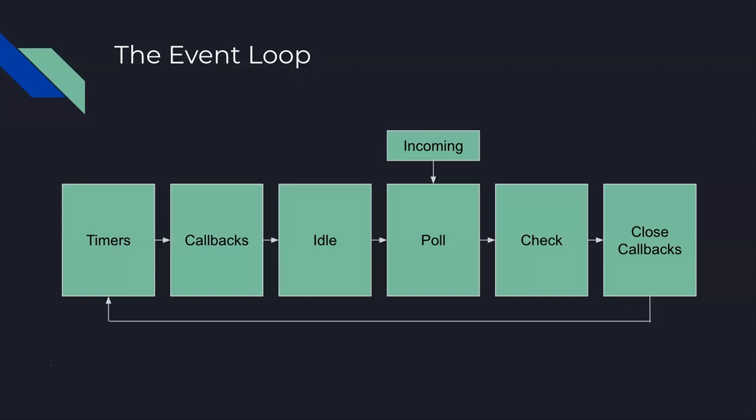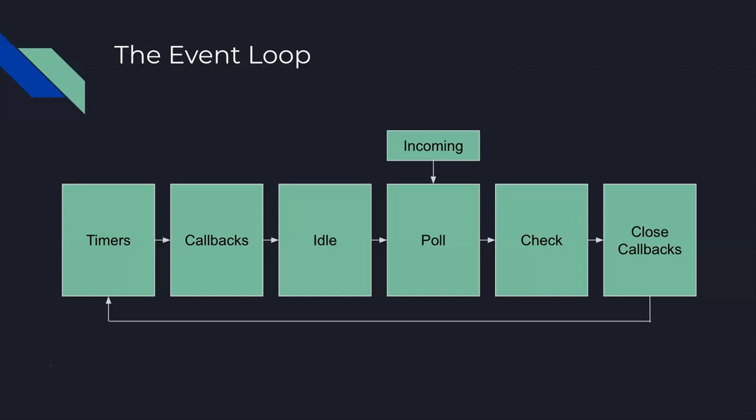If there's no events currently in this incoming queue, which it is a queue, it's a long list of all of the things that are waiting to be processed, and there are no timers or callbacks registered with the system, Node.js will actually pause here and wait for any of those things to happen. And if they do, then it will pick back up and start running again. But this is where it sleeps, right here in the poll.